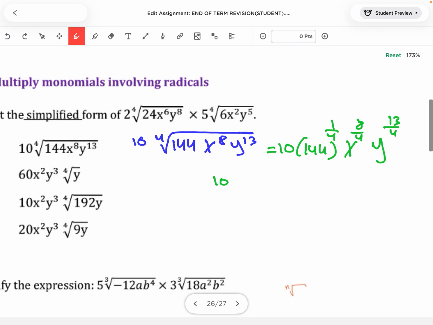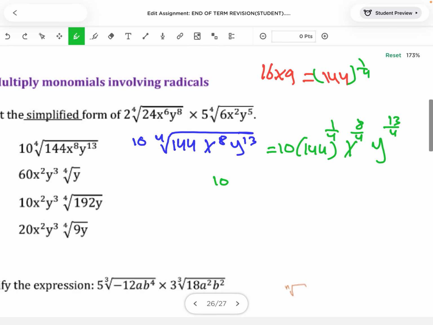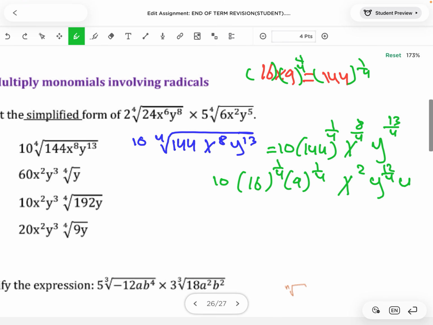If you multiply 16 times 9, that equals 144. So you can take the 1 over 4 to all of it. So it will be 16 to the power 1 over 4, 9 to the power 1 over 4, x to the power 2, y to the power 13, which I will write as 12 over 4 and 1 over 4. Easy step by step. Do not look up.